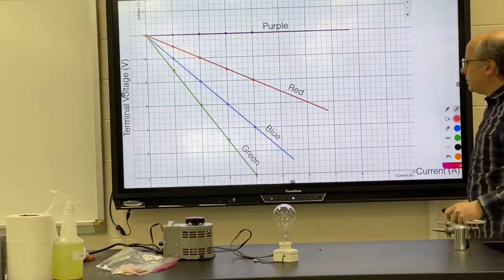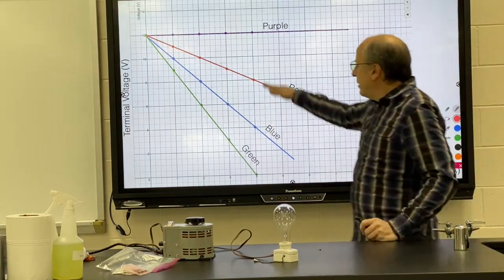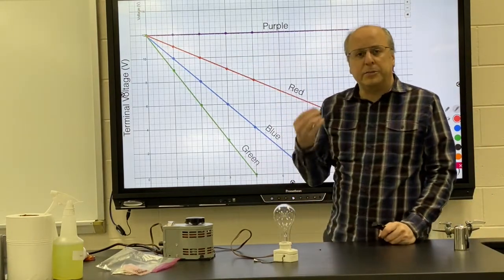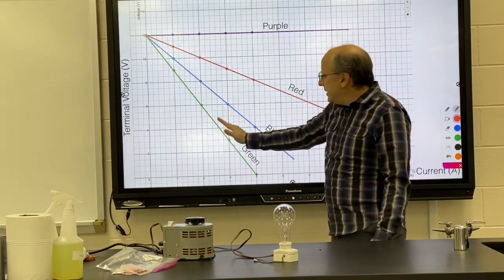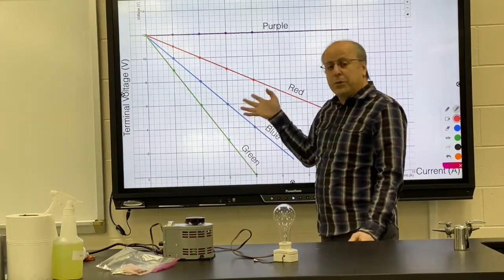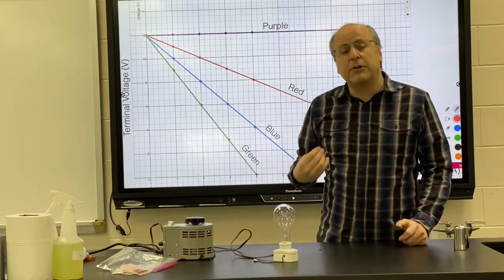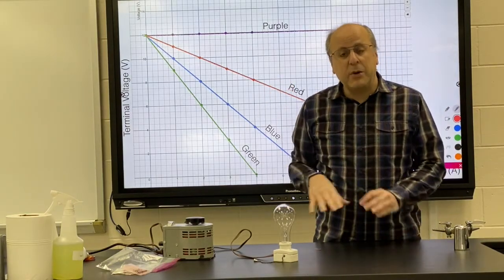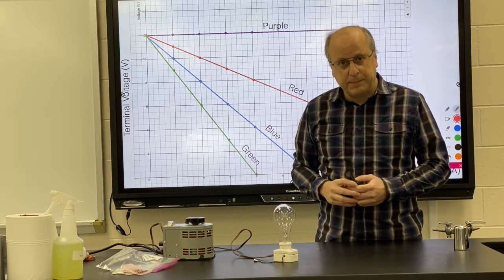This drop takes place in a linear fashion, so as we get more current out, we get less voltage measured on the terminals of the battery. We saw that when batteries age, their slope increases, and the greater the slope, the worse the battery is. We saw that if a battery had 0 slope, like the purple one, it would act like our ideal, which we studied last year.